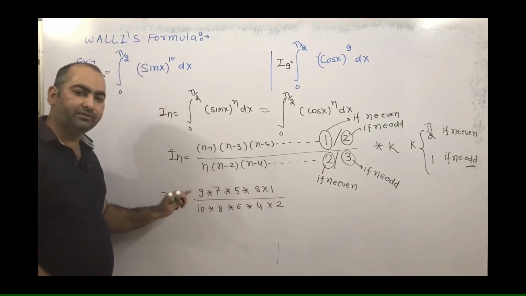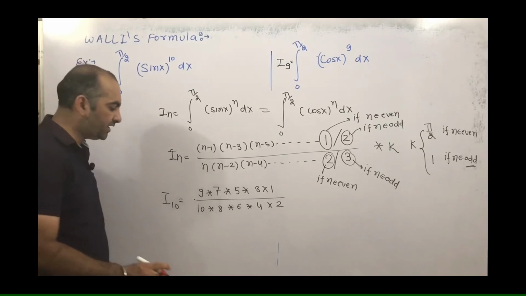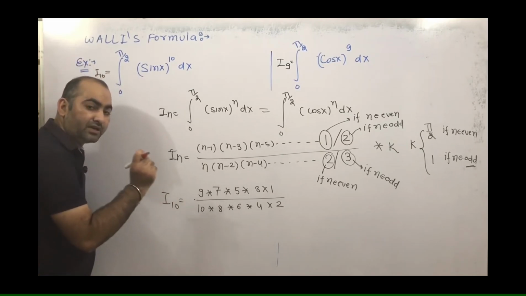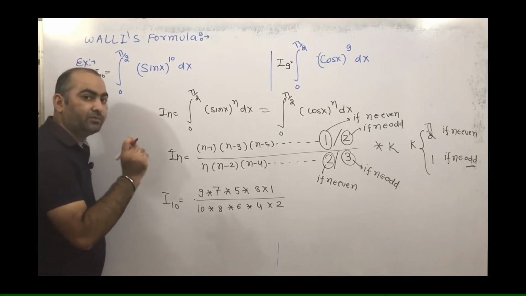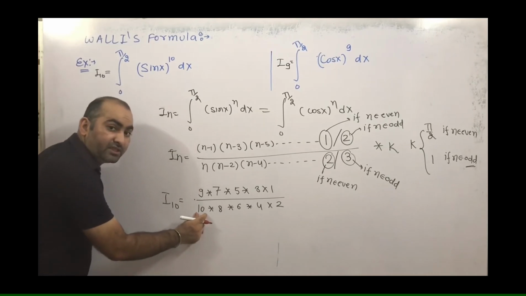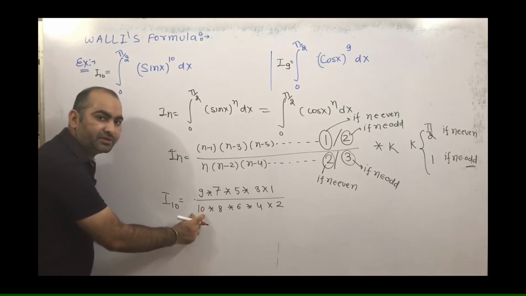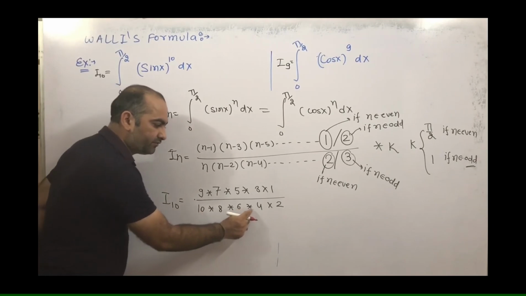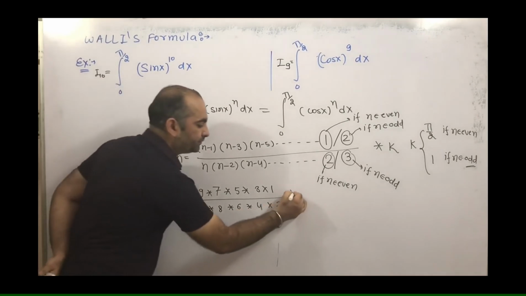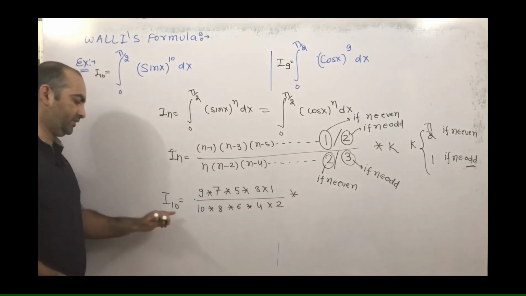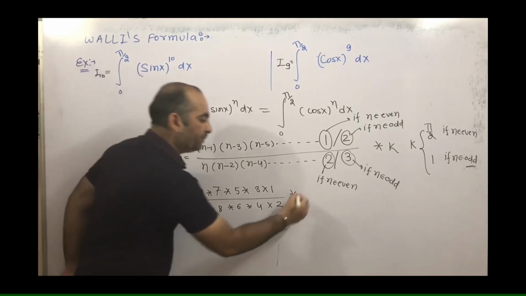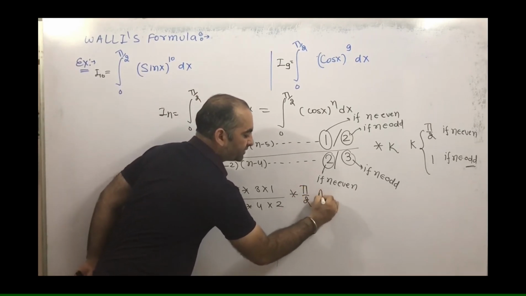So numerator and denominator both have 5 terms. First we write the denominator because it starts from even. So 10, 8, 6, 4, 2 into pi by 2, since n is 10, an even number. That's your answer.